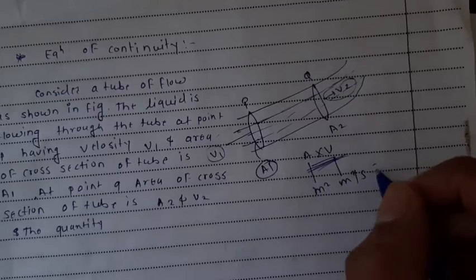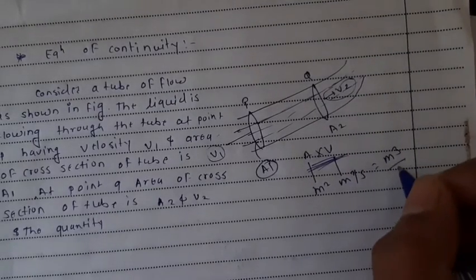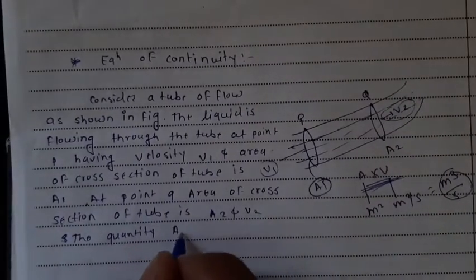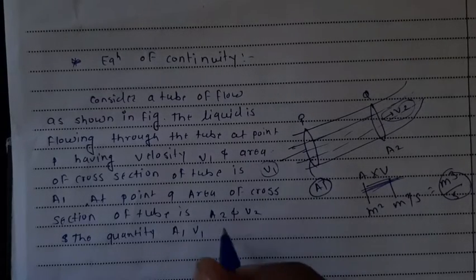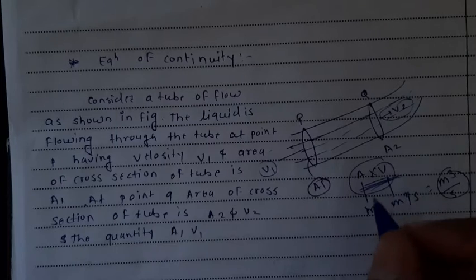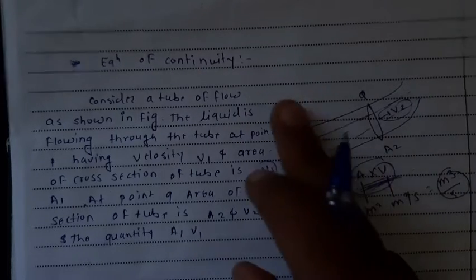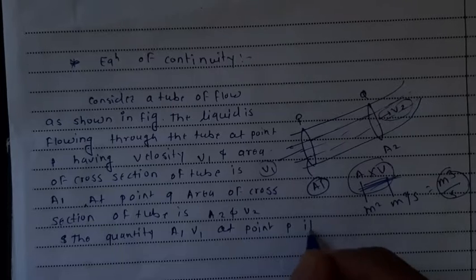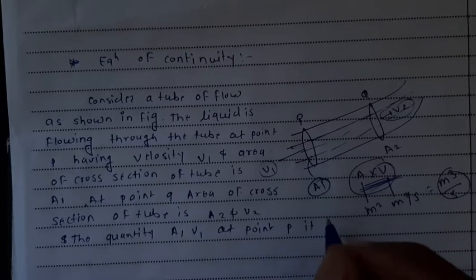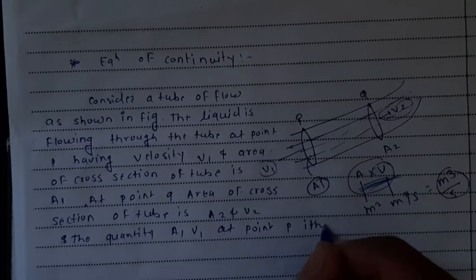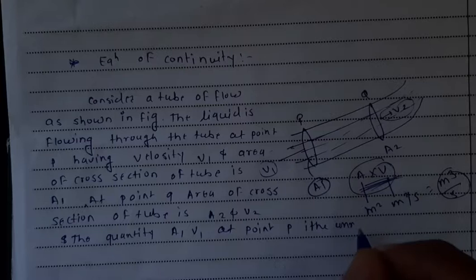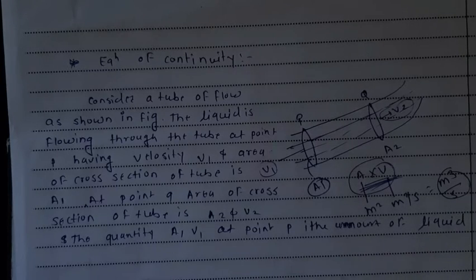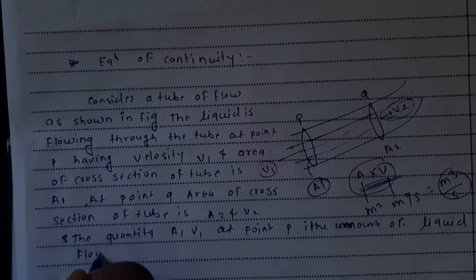So if I consider this, I will get meter cube per second, and we know that meter cube is a unit of volume. So the quantity A1 V1, where A1 is the area and V1 is the velocity, at point P represents the volume per second, the amount of liquid flowing per second.